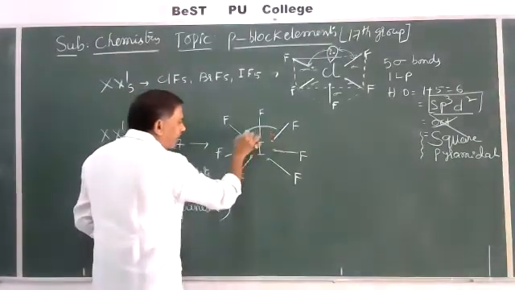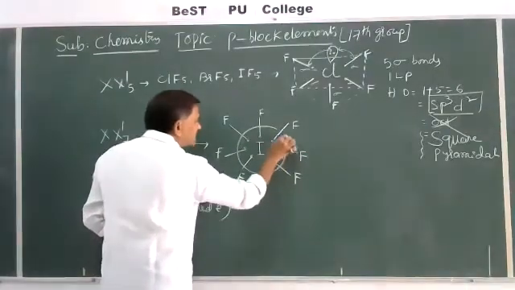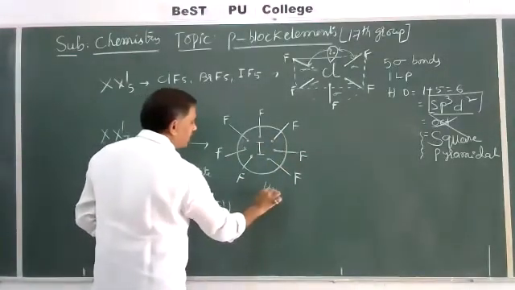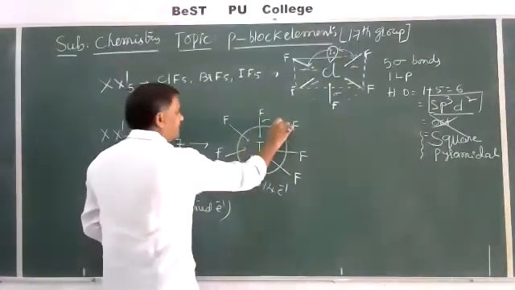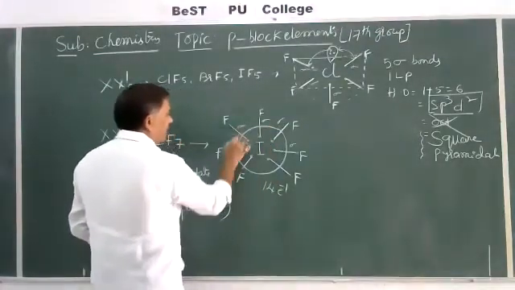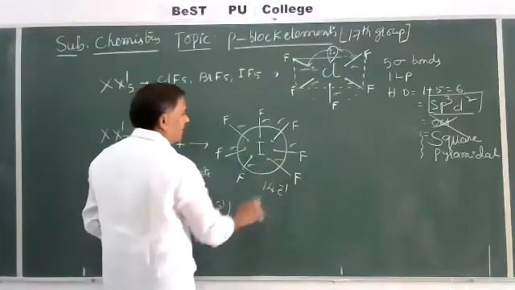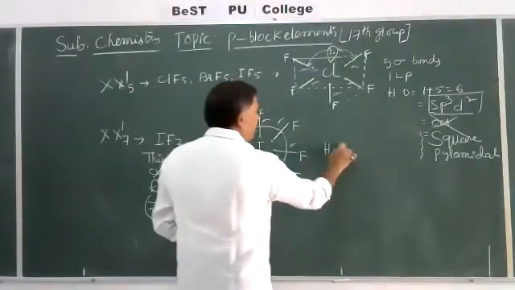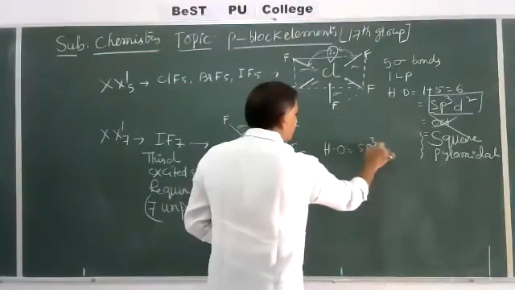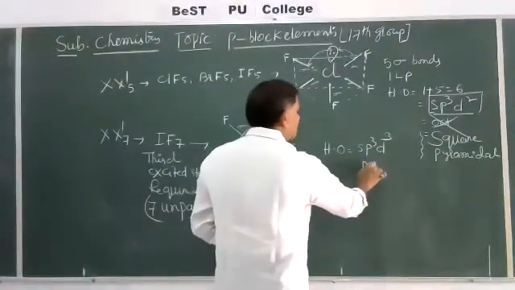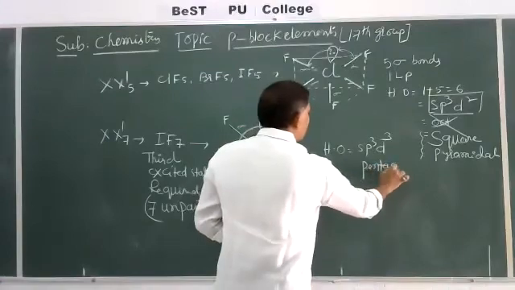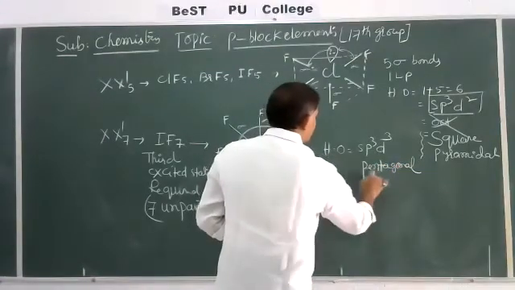Around iodine, total 7 plus 7, 14 electrons are there, so octet is not followed. Here there are finally 7 sigma bonds. So the hybrid orbitals are sp3d3. Its geometry is pentagonal bipyramidal structure.